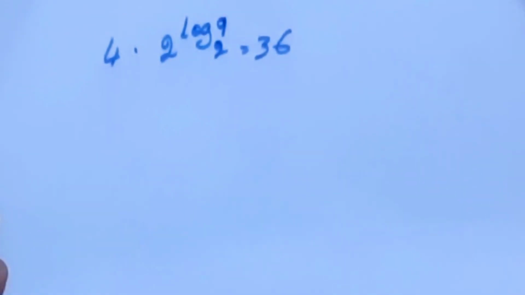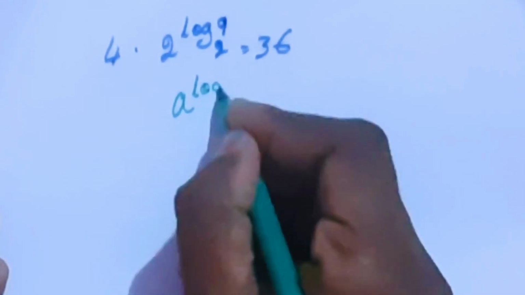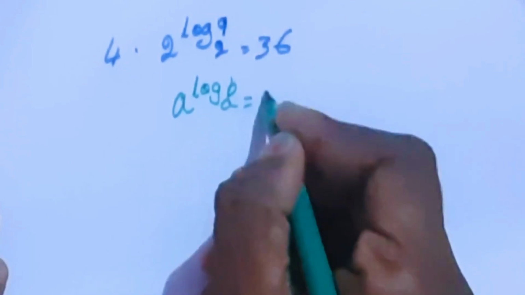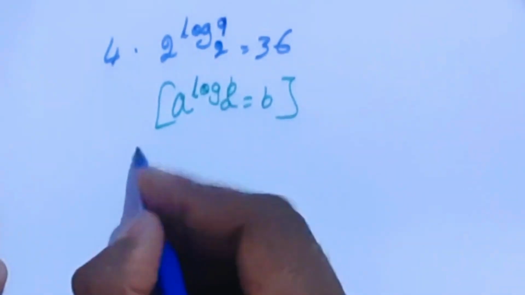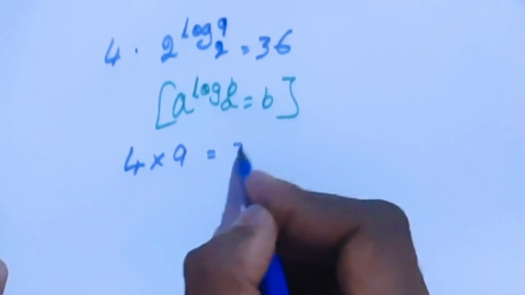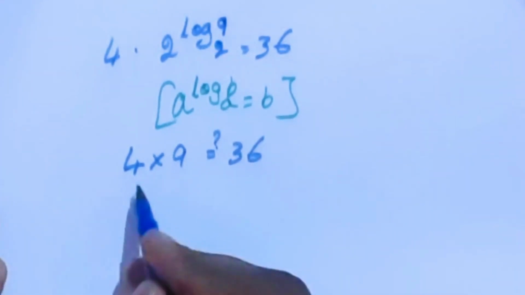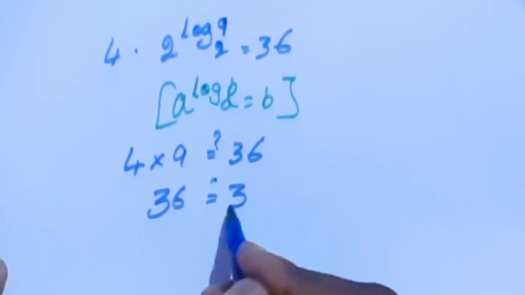Now we are going to apply this log formula, that is a power log b base a equal to b. So 4 times 9 equal to 36. So 4 times 9 is 36 equal to 36.